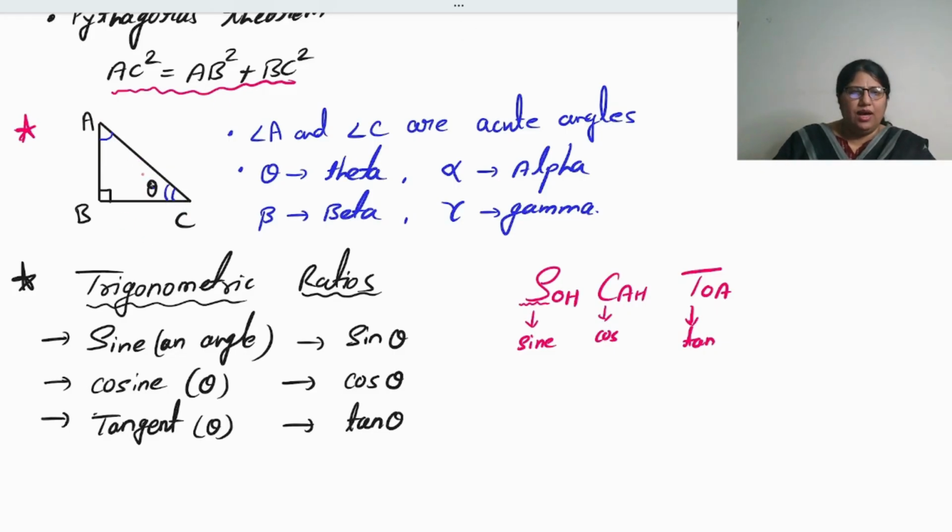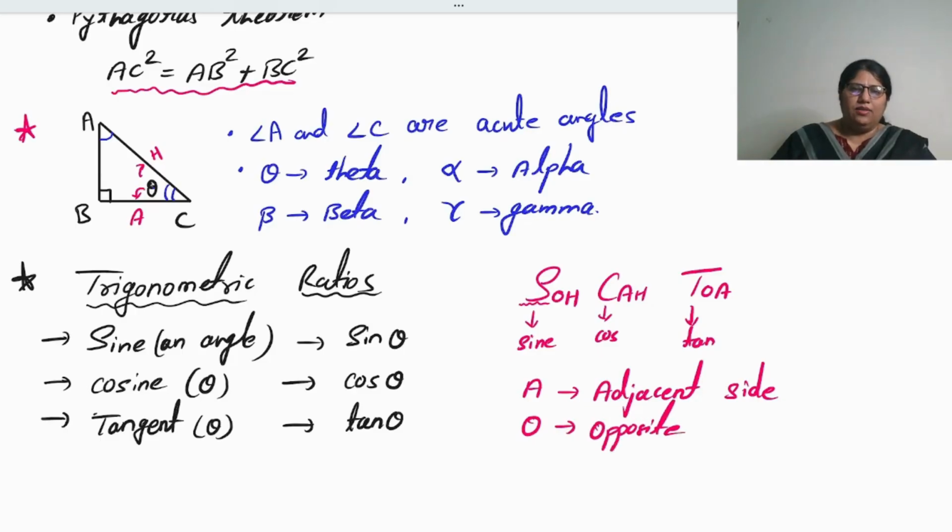With respect to theta, this place is fixed and is known as the hypotenuse. Then A stands for the adjacent side of the angle, and O represents the opposite side of the acute angle. So with respect to theta, this is adjacent, this is the hypotenuse, and the other third side, which is opposite to theta, we write as opposite.